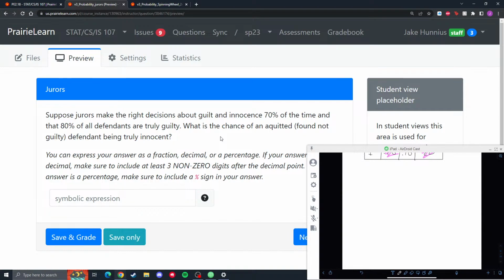Formula. Okay. So for this question, it's kind of the opposite of what we just did. We're looking for an innocent person given that they're acquitted. So first we need to get the probability that someone's acquitted.